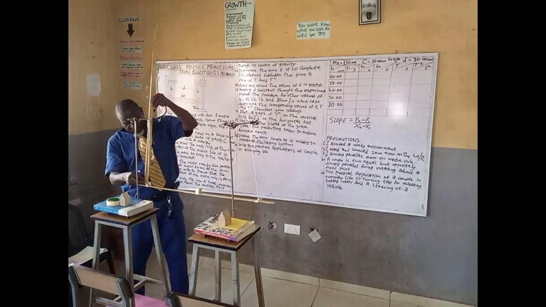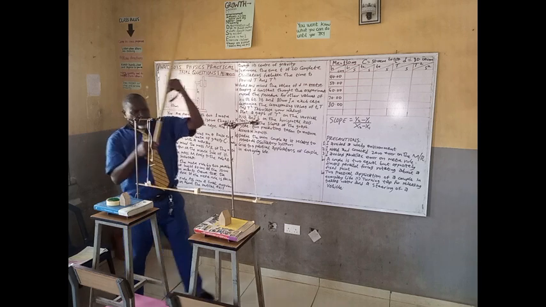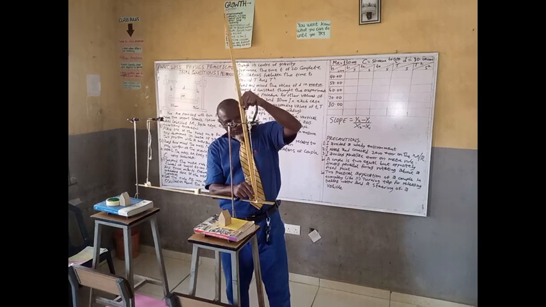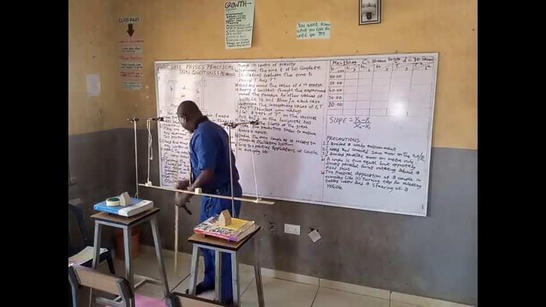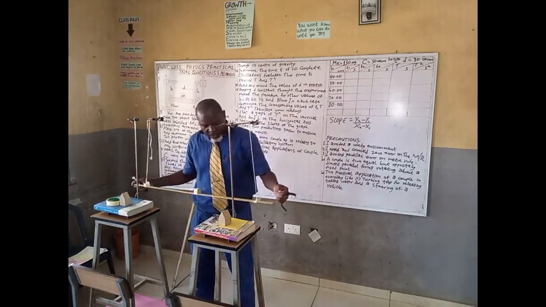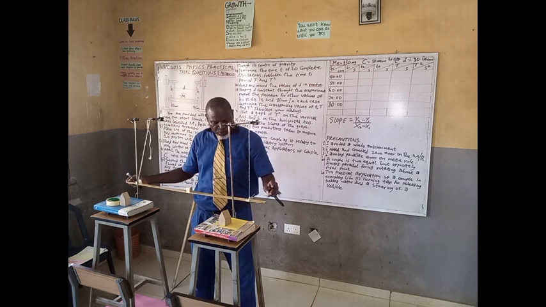When you measure it from the top of the meter rule to this place, it is 40 centimeter. This one is also 40 centimeter. Now, as I displace it in rotational, circular direction, at the same time I will start the stop clock. Then I will watch the time for 20 oscillations.